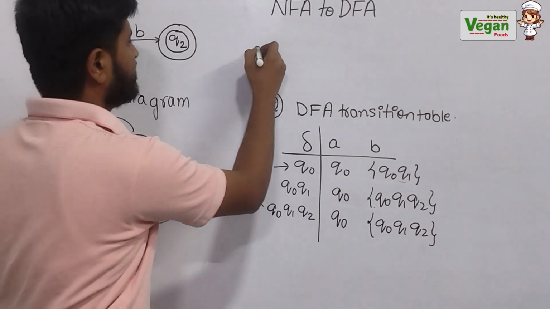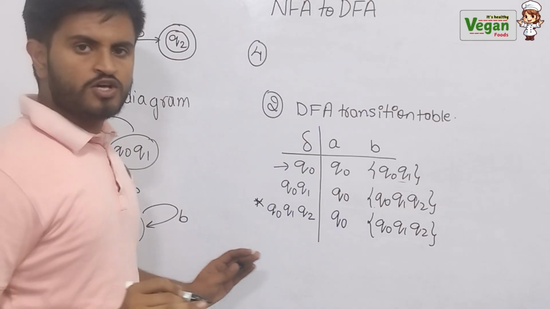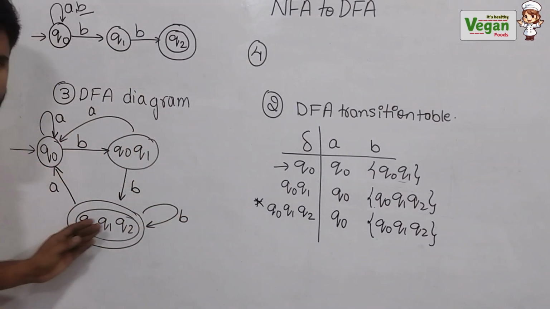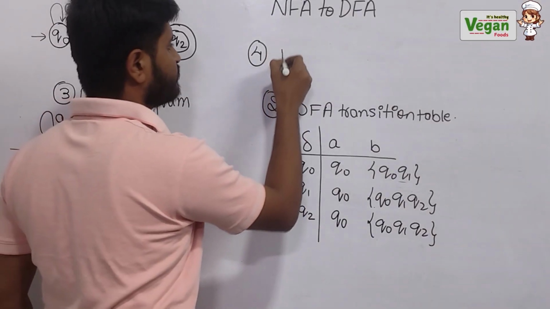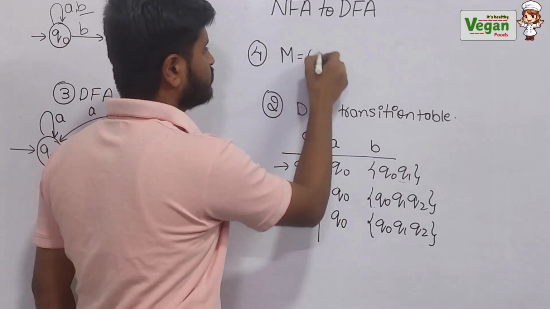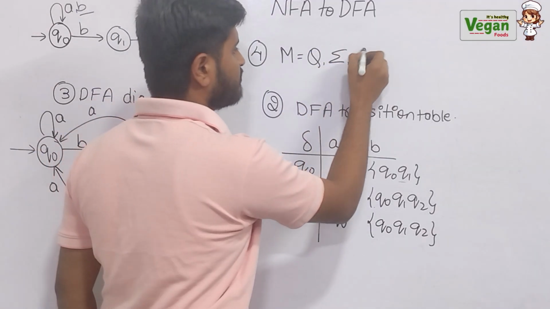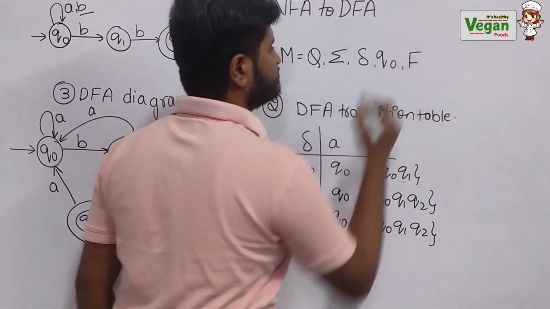Now let's write the final step, that is step number 4. So what is step number 4? You must represent the DFA diagram in the DFA standardized format. So what is the standardized format? M is equal to, you can use any variable. M is equal to (Q, sigma, delta, Q0, F).